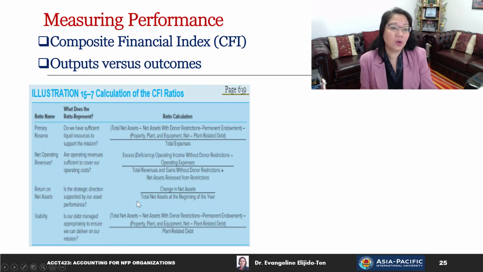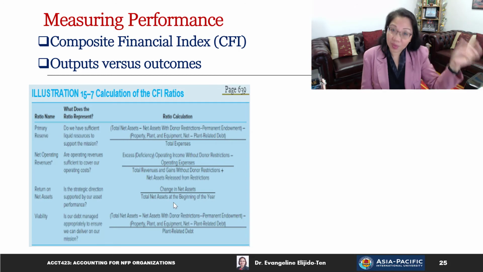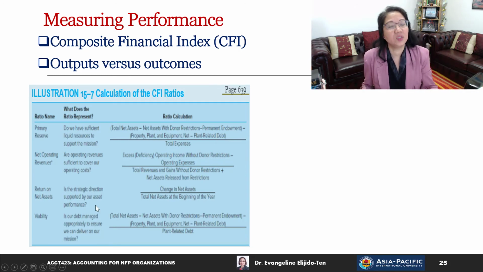In net operating revenues, what you are looking at is whether you have sufficient operating revenues to cover your operating costs. Return on net assets is similar to how we understand return on assets. We have the change in net assets divided by the total net assets, but at the beginning of the year, because this determines the strategic direction supported by our asset performance.